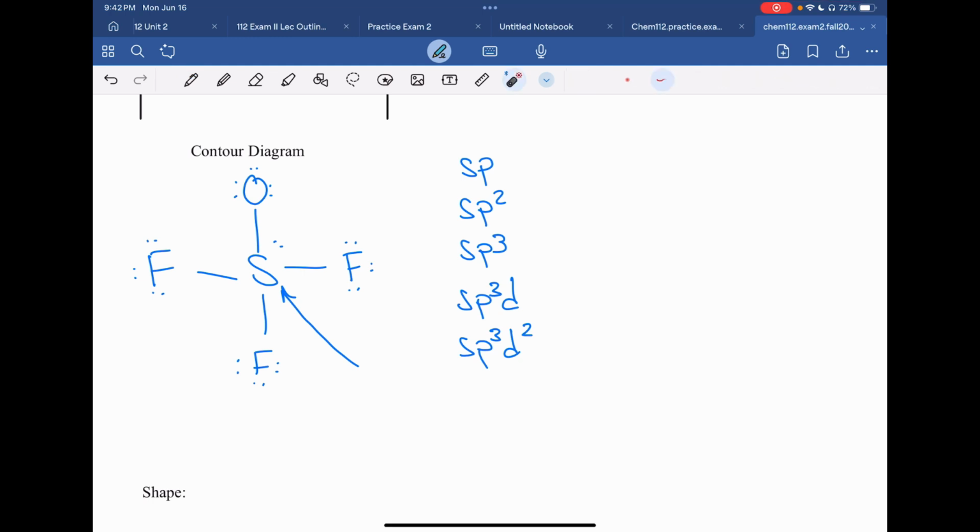hybridization is the number of things it's attached to. Okay, but first off, I want you to treat each letter as just a single digit. Okay, one. So just treat this S as one, a P as one. One plus one is two.